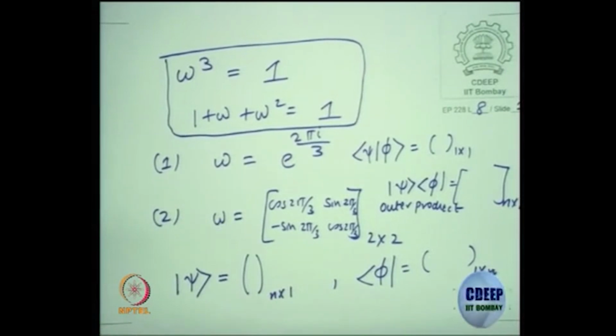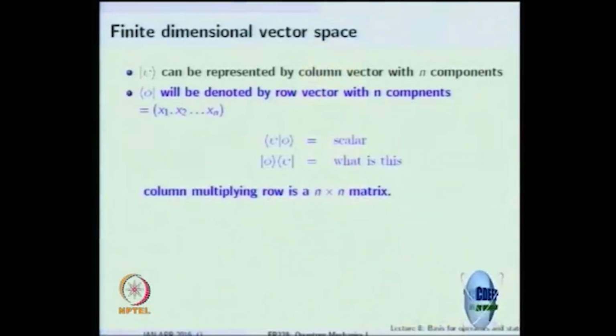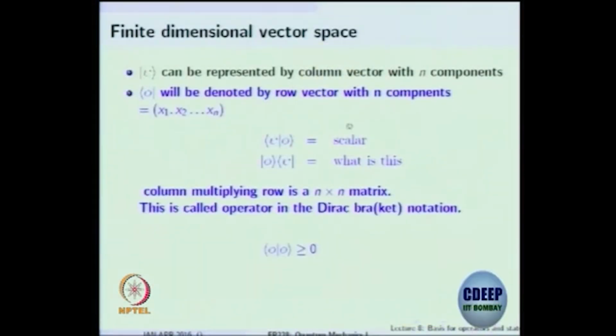For a finite dimensional vector space, we can play around with matrices. A column multiplying a row is the outer product, and that will give you an n cross n matrix. In fact, we call this outer product an operator in the Dirac bracket notation. By the way, you remember that the inner product of the same state is called the norm.